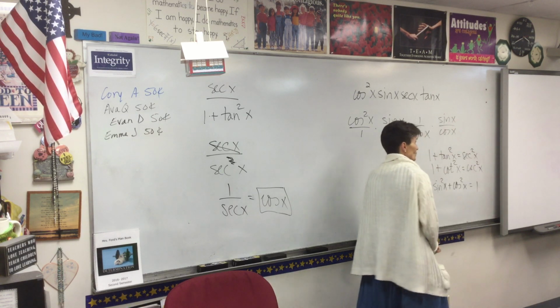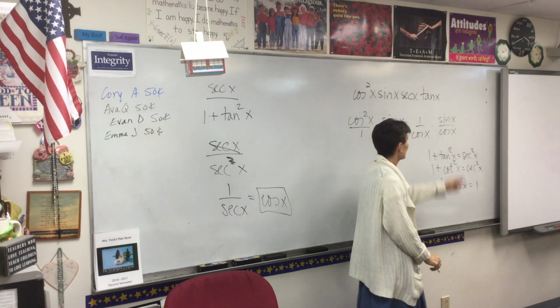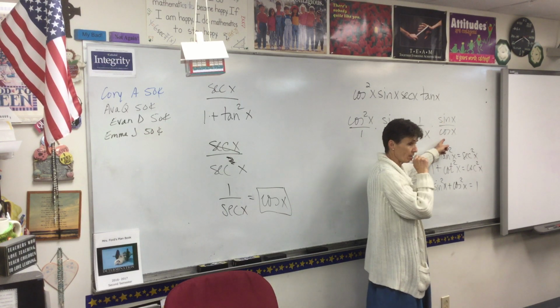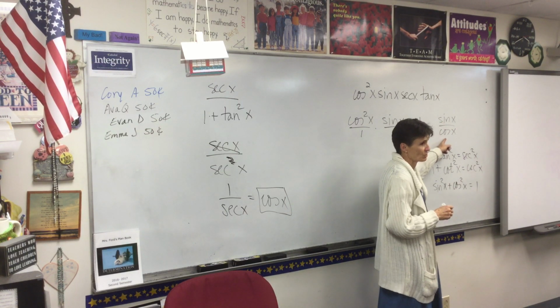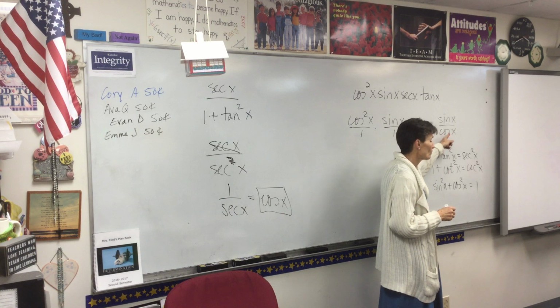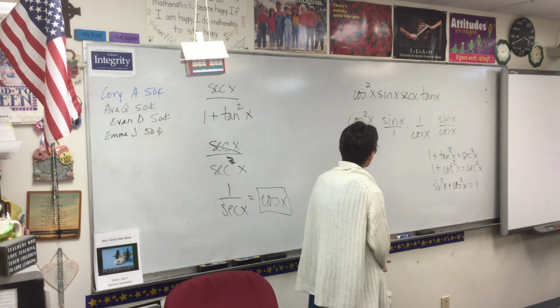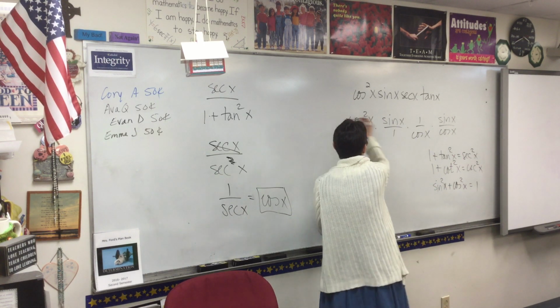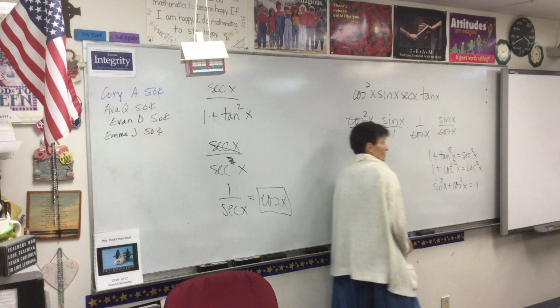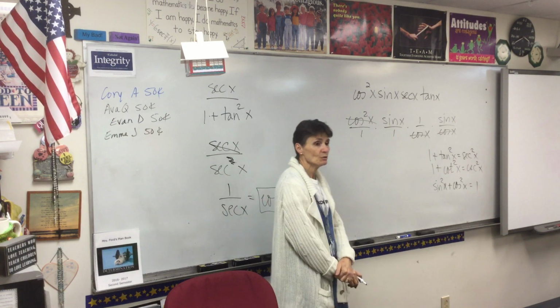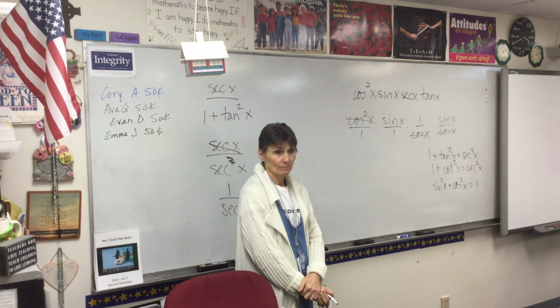Now, does everybody understand why we are using sine over cosine and not 1 over cotangent? 1 over cotangent wouldn't help me cancel, right? So I'm using sine over cosine, and hopefully something will cancel. All the cosines. There's 2 on the top and 2 on the bottom, right?